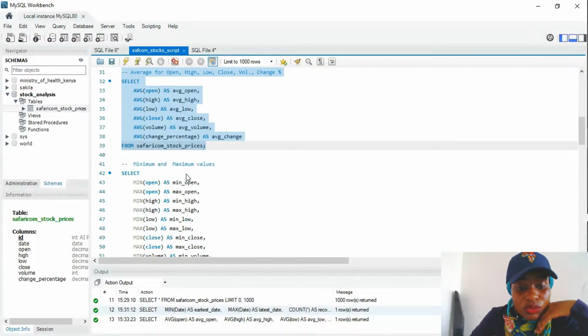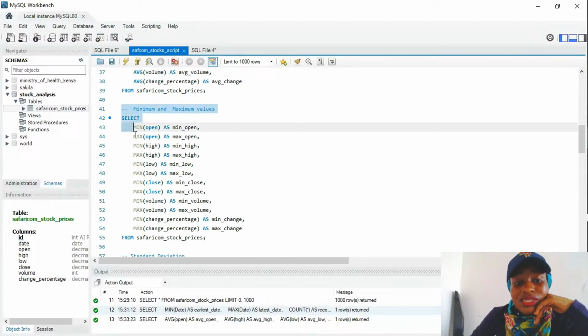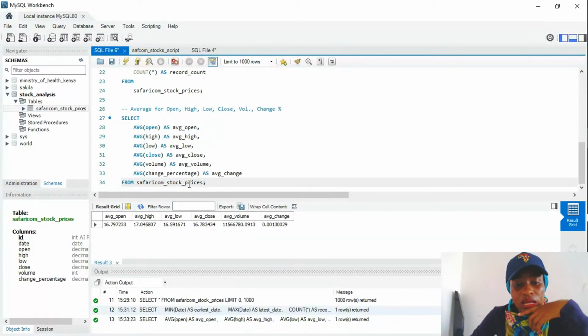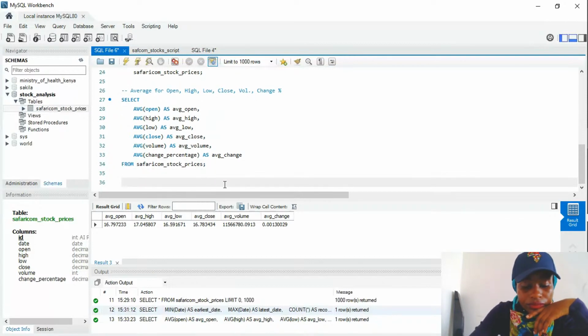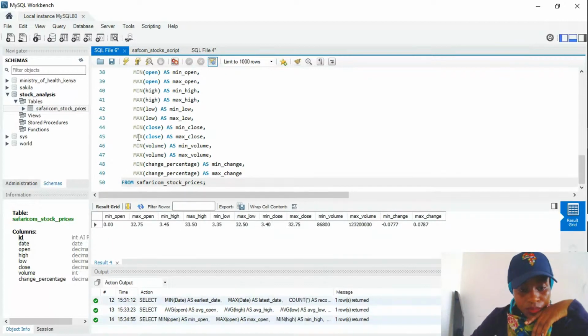So the next thing we want to look at here is the minimum and maximum values. And what we're still doing here is just exploring our data set. Yeah, so the minimum opening value is 0.00. And I guess this was the opening price for the first date that we looked at.